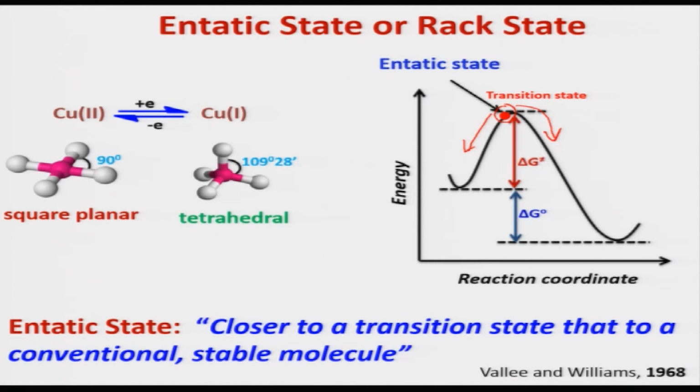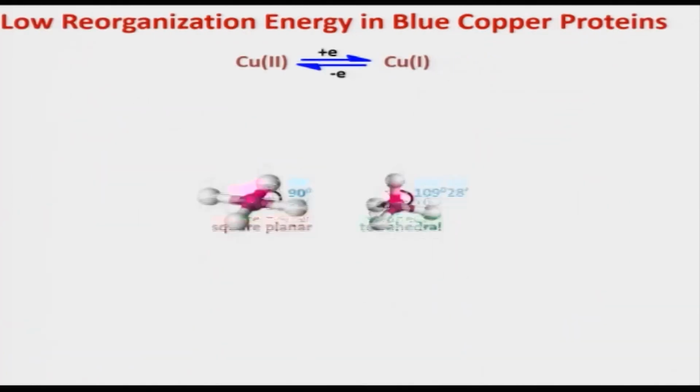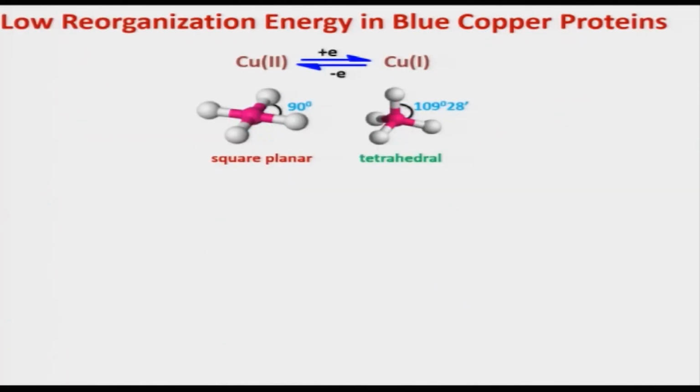So, it is actually a distorted tetrahedral structure, and both copper 1 and copper 2 have the same geometry. Now, let us look at how in the entatic state the reorganization energy is reduced.